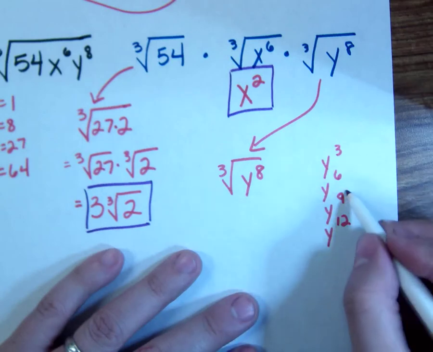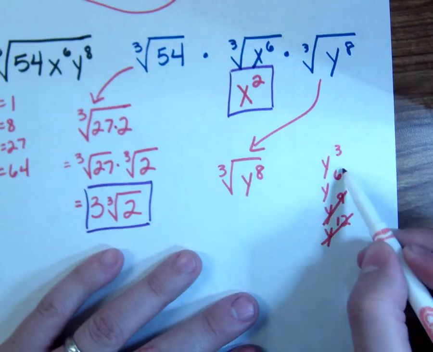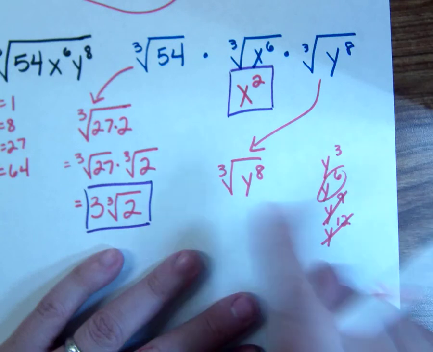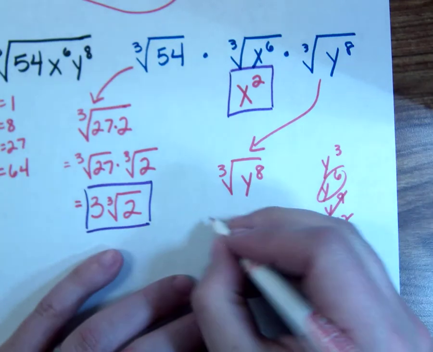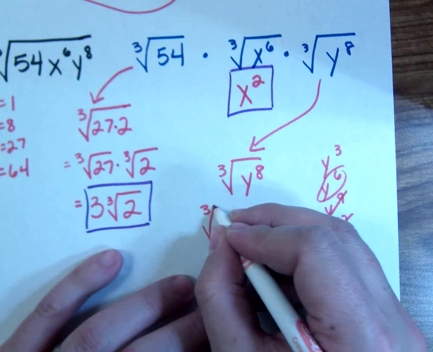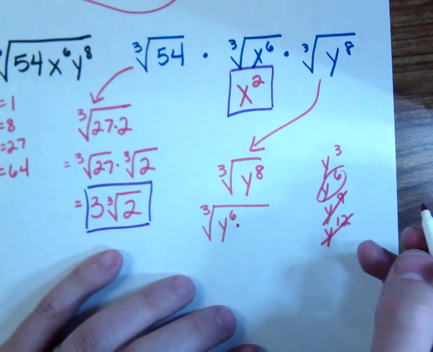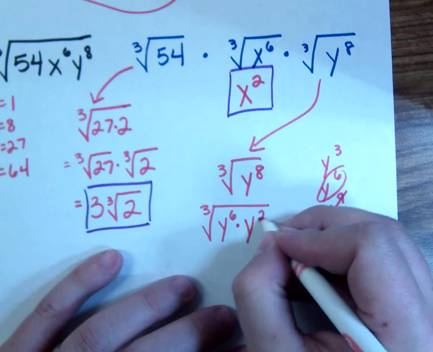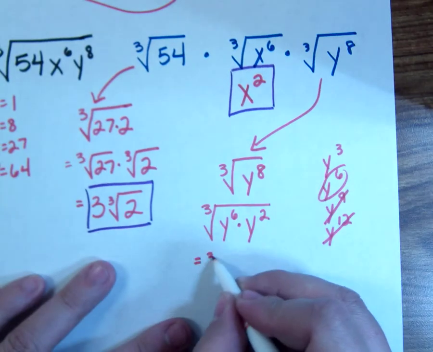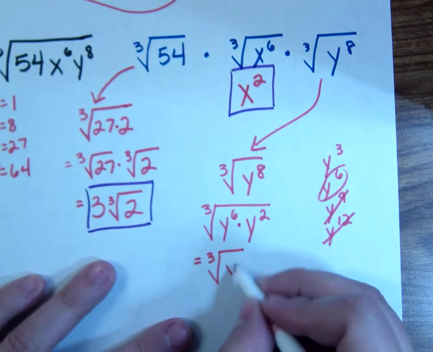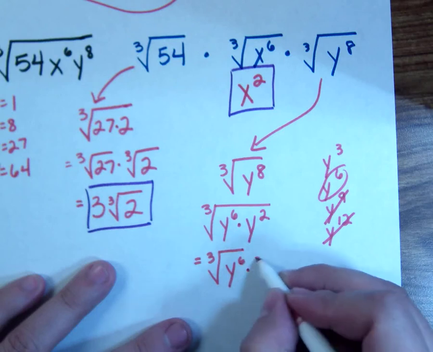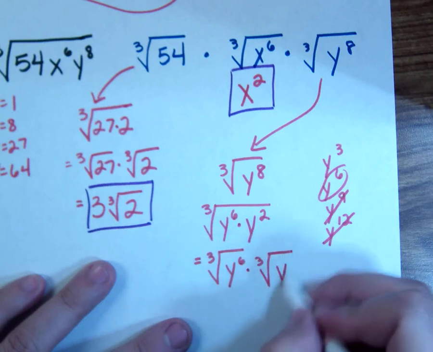I know it can't be these, they're too big. So y to the 6th. So this is the cube root of y to the 6th times what? Y squared. There we go.